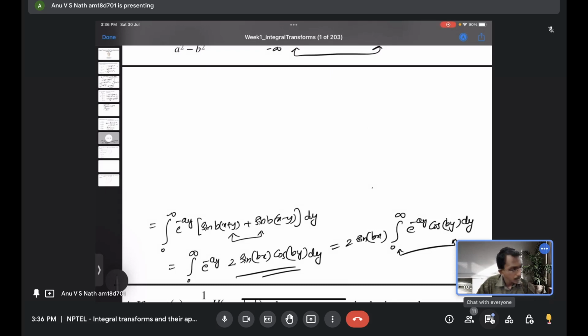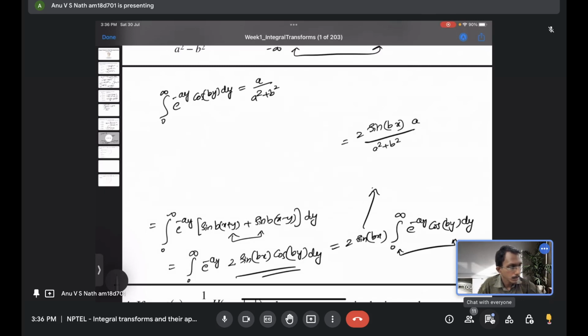The integral of exponential of minus ay cos by dy from 0 to infinity is equal to a divided by a square plus b square. So if you use that here, it is equal to 2 sine bx times a divided by a square plus b square.